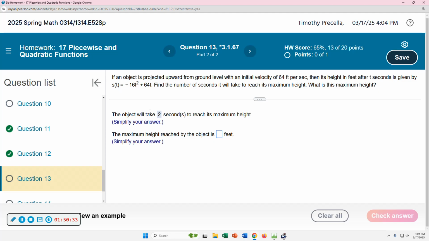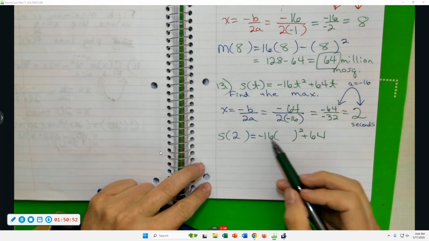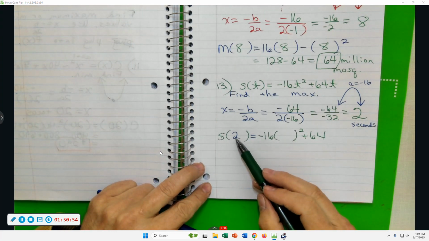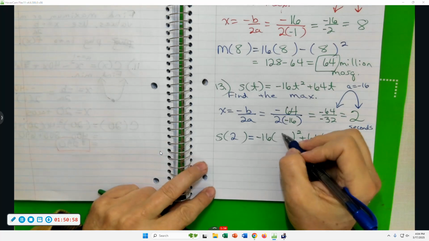The height after 2 seconds, we're plugging in a 2. That's negative 16 times 2 squared plus 128t, I need to switch it over. So the height after 2 seconds, you're plugging in the 2 in place of the t.